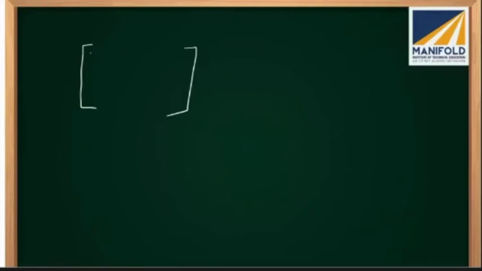So consider this determinant: 2, 3, 1. This is one row of the matrix, 1, 2, 1, and this row is 3, 5, 2. So I have row 1 here, row 2 here, and row 3 here.